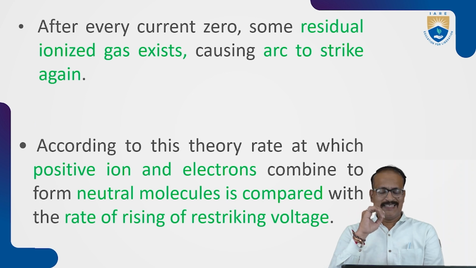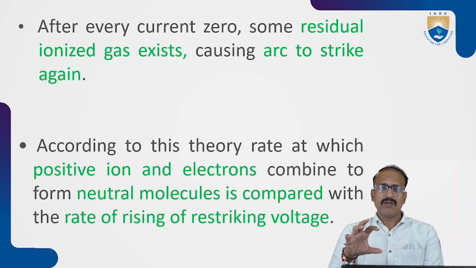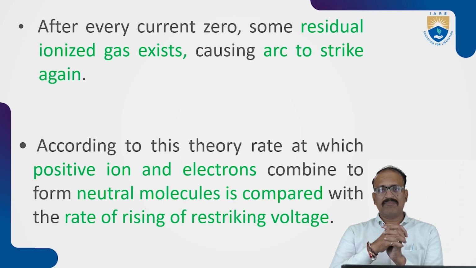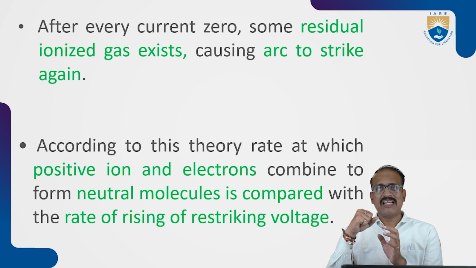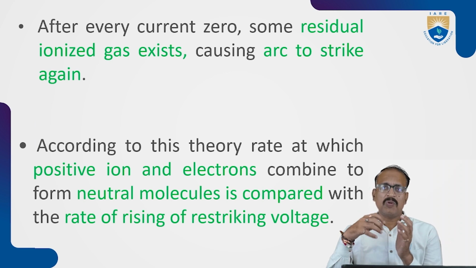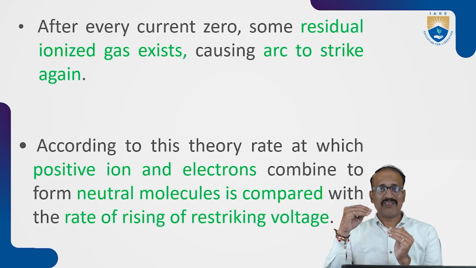So according to this theory, the rate at which positive ions and electrons combine matters. If they combine very fast, that medium will recover the dielectric strength. If it is slow, the combination into neutral molecules is compared with the rate of rising of restriking voltage.